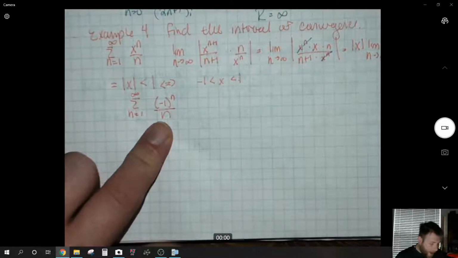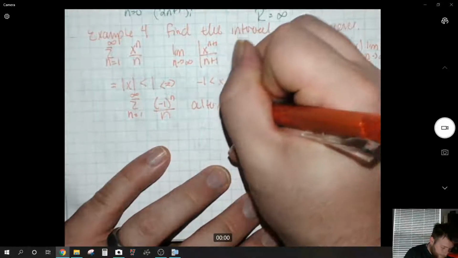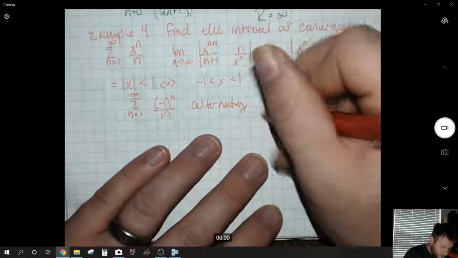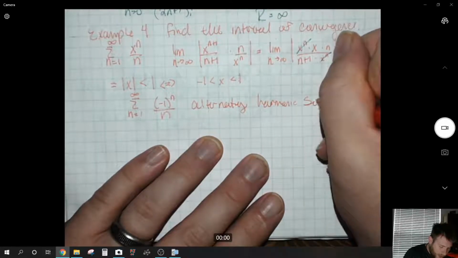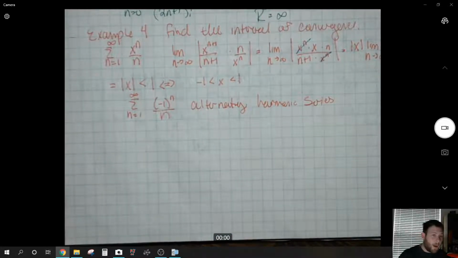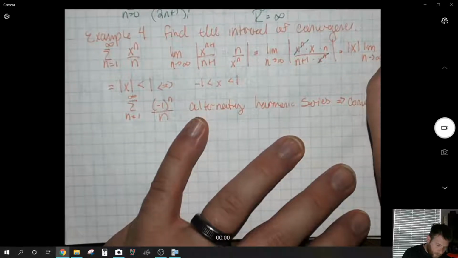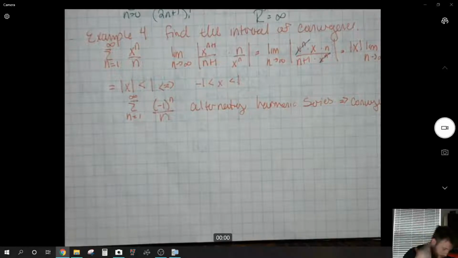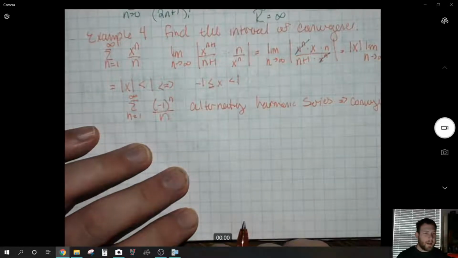And if you recognize this, this is called the alternating harmonic series. We discussed this previously, and we know this converges. So I can put an equal to here, and it's going to be correct.